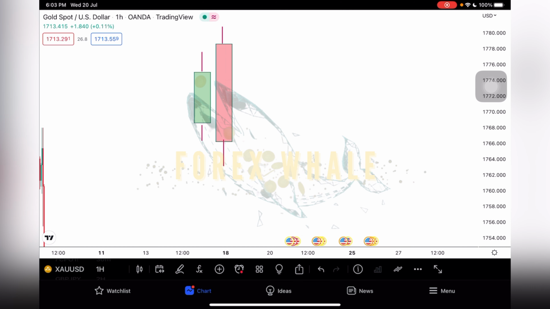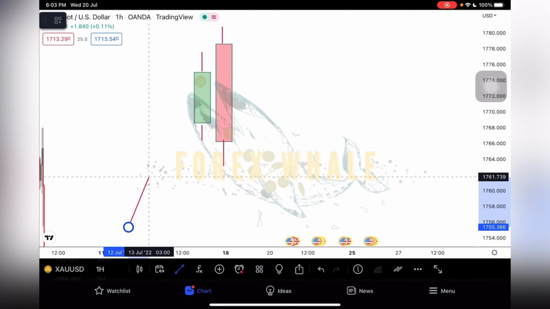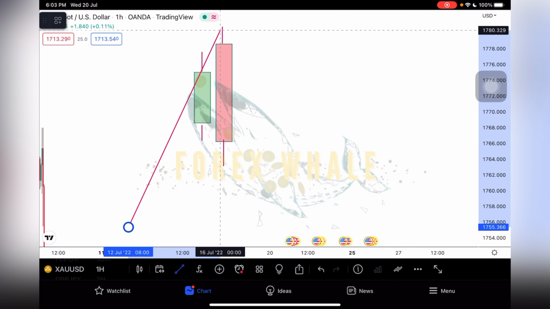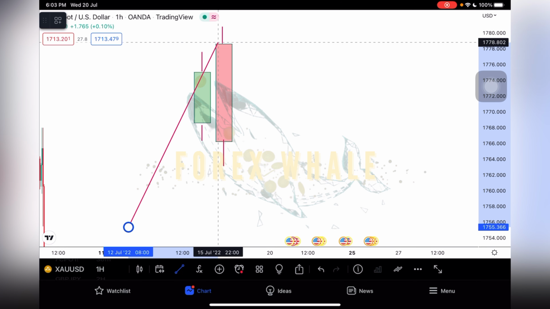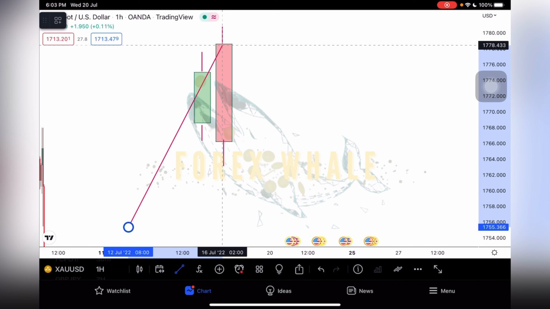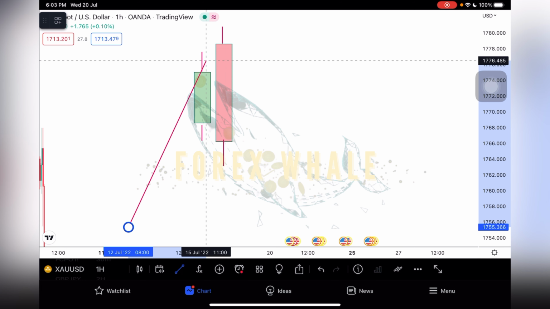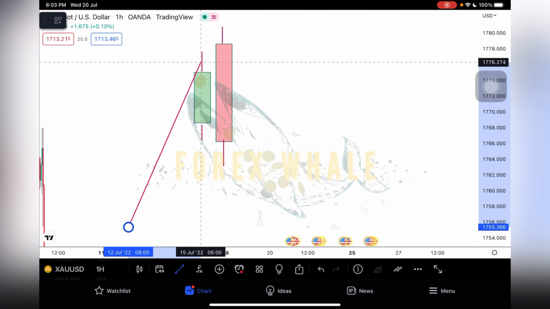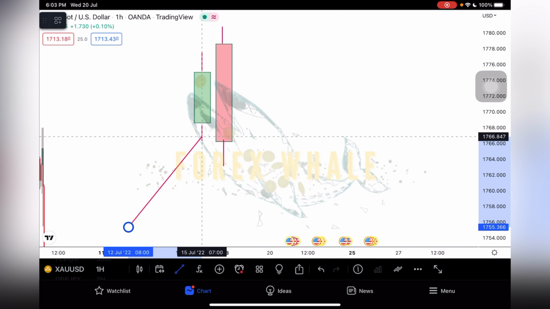I'll show you. Not just the body size is bigger than the previous candlestick, but the shadow is also bigger than the previous one, or it is longer, or it engulfs the previous shadow as well. Look, this shadow is longer than this one, and this one is of course longer than this one.